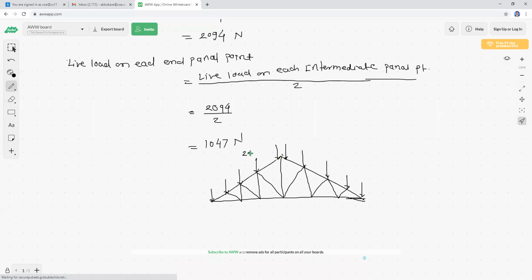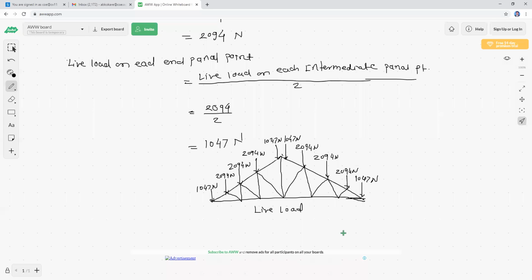So this is 2094 Newton, again 2094 Newton, this is 2094 Newton. So this is end panel, so 1047 Newton, again this is 1047, 1047, this is 2094, this is 2094, and again last end panel point 1047 Newton. So this is the live load calculation.